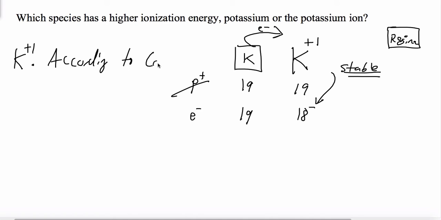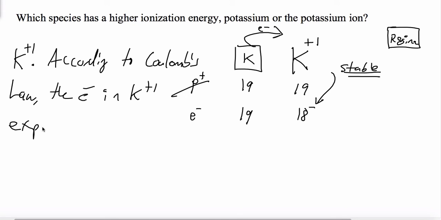And then we can say, according to Coulomb's law, the electrons in K+1 experience less electron-to-electron repulsion. That's because there's only 18 electrons. It can't be, again, the proton effect.